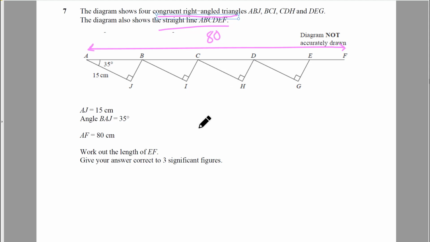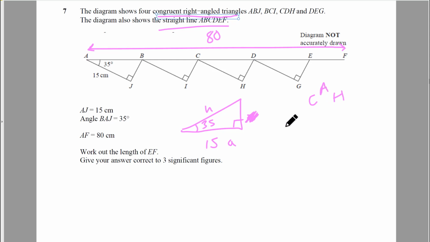So let's use this. We've got 15 here and 35 here. That is the hypotenuse we're trying to find. Now can you see we've got the hypotenuse and adjacent? That's the opposite. We do not need the opposite, so cross that out, because that will start making you use the wrong trig function.